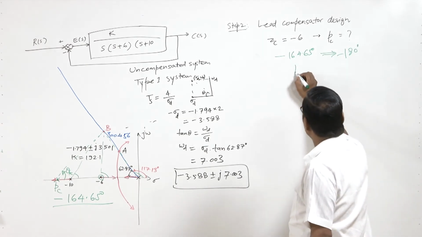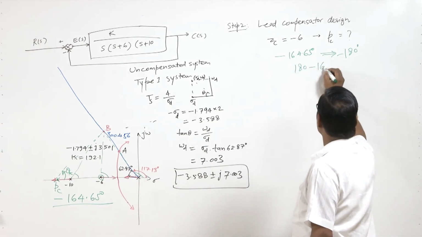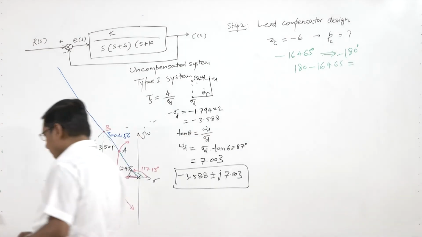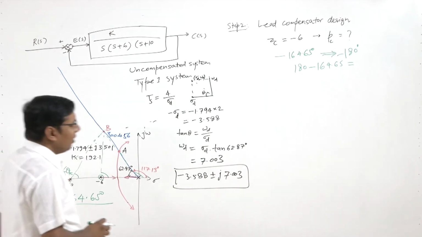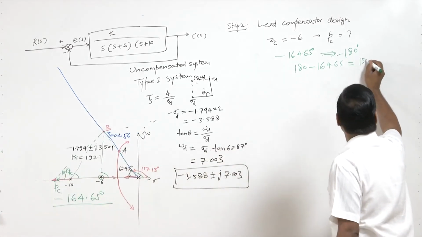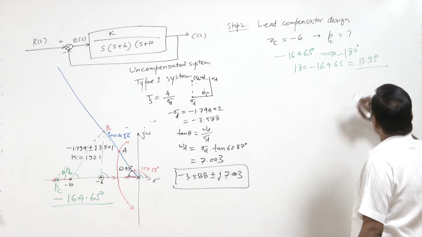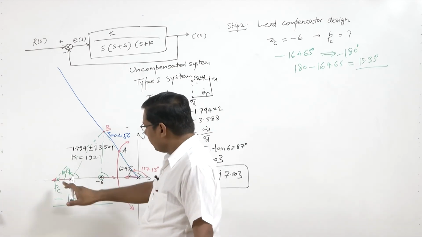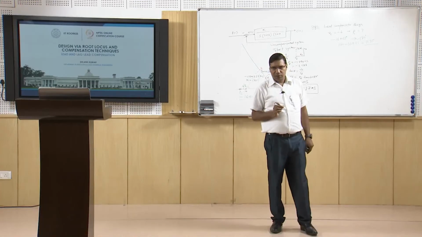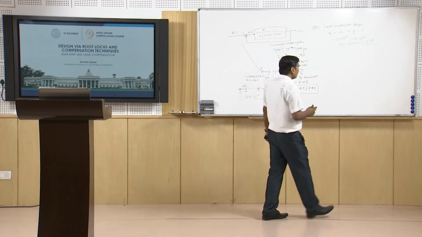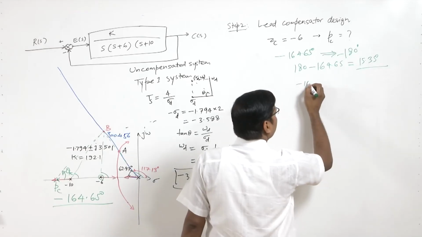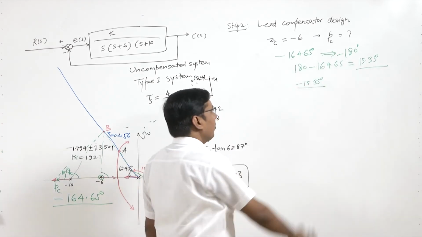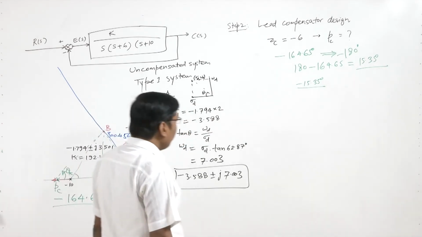So here the difference is 180 minus 164.65, and that is 15.35 degree. When we add a pole, it will add some negative angle. So we must add this minus 15.35 degree, and it will make minus 180 degree.